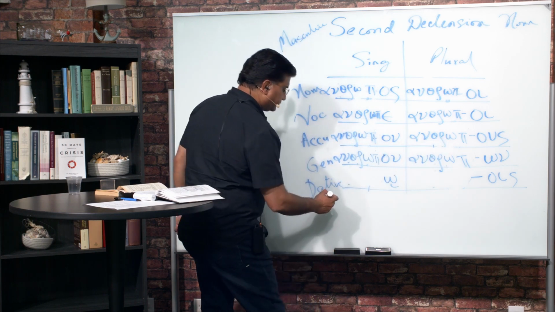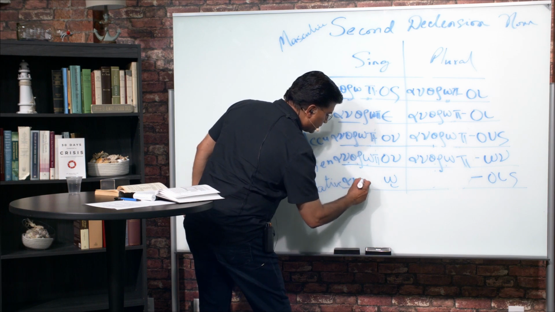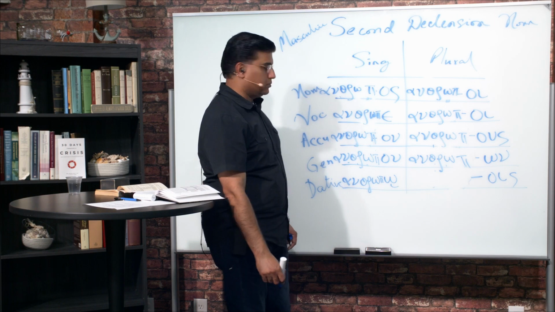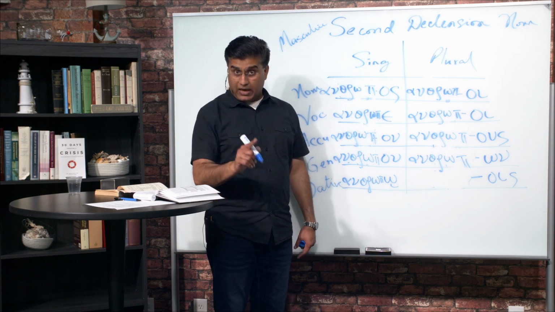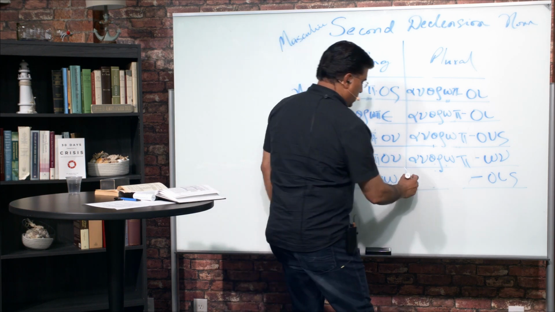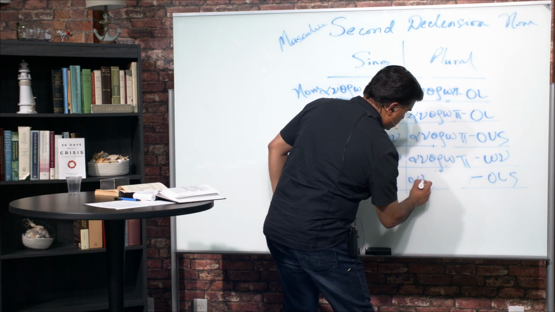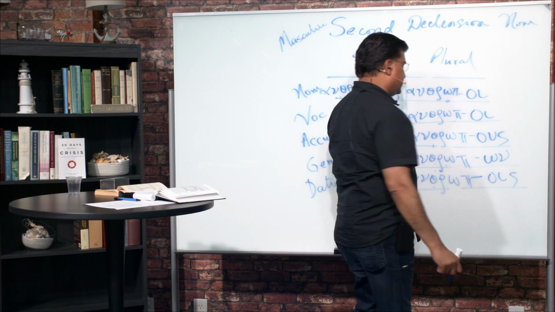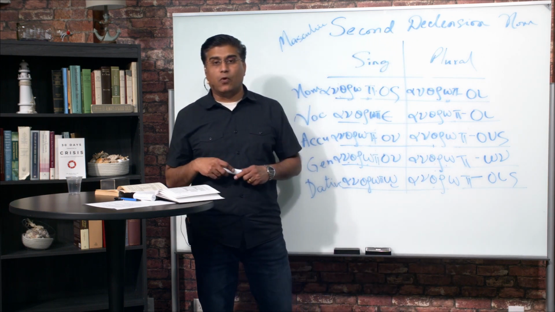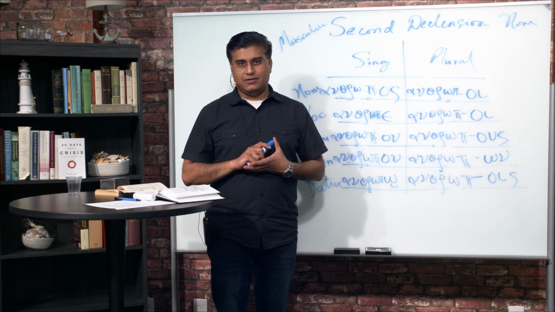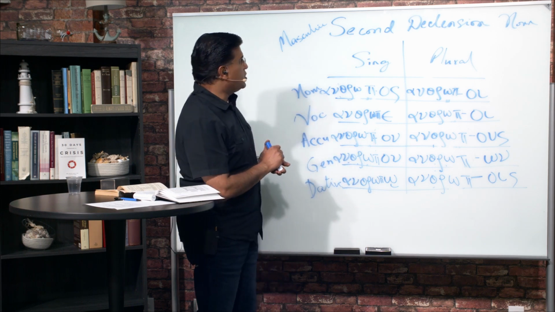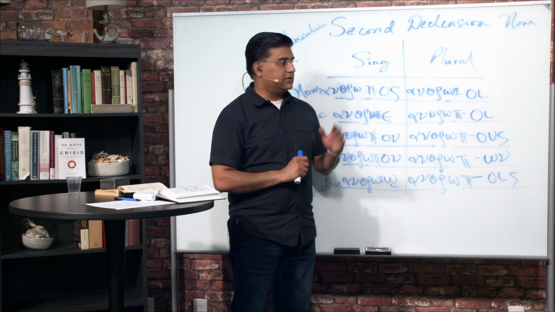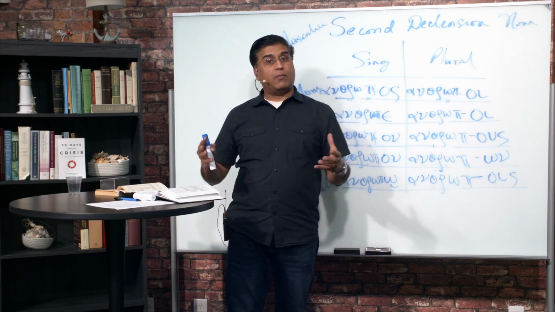And then finally, anthropo, to or for the man, singular, and anthropois, to or for the men, plural. So there you have the masculine second declension noun, singular, plural, and you have to just memorize this.